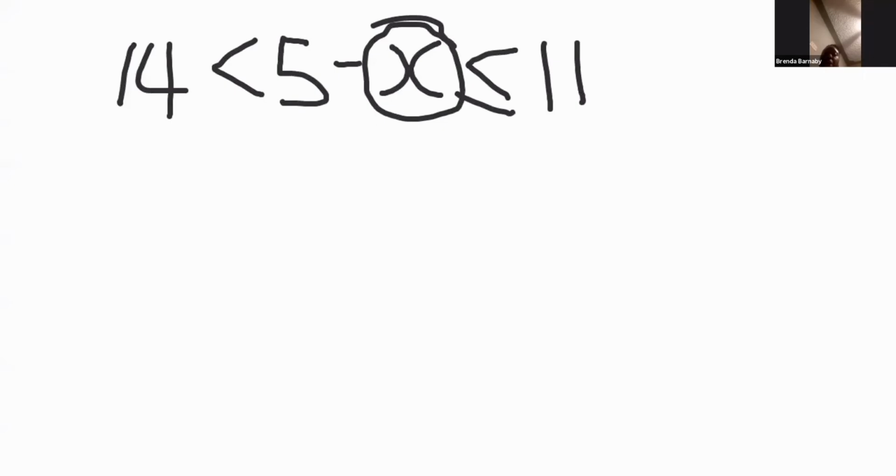I only have what she had, the 5 minus x, which is less than 11 and greater than 14. So you don't know how to continue? You take over the 5 to both sides. Take over the 5 to both sides? Right? Yes.